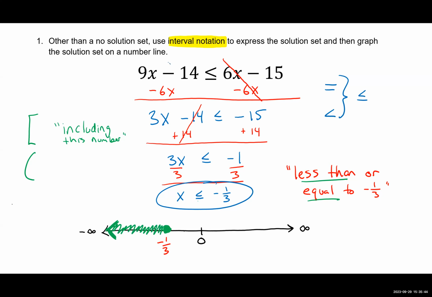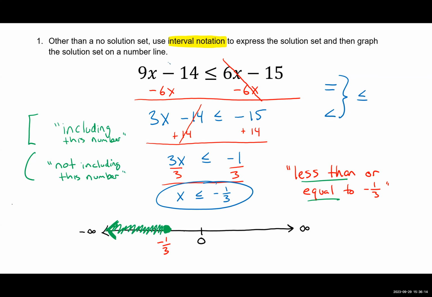So if there's an or equal to, we want to include that number. If we don't have the or equal to, we don't want to include that first number or that last number. So we use a curved parenthesis to say not including this number.